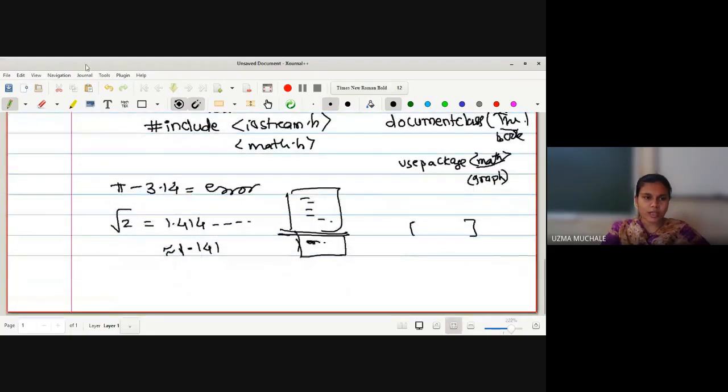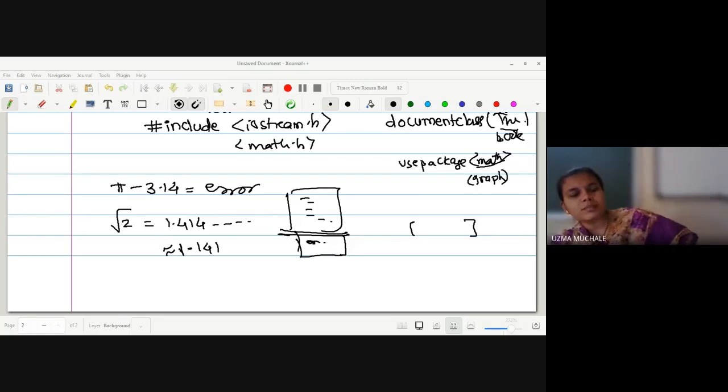Now let us go to the next point, that is significant numbers, or significant digits. Okay, what is the definition?